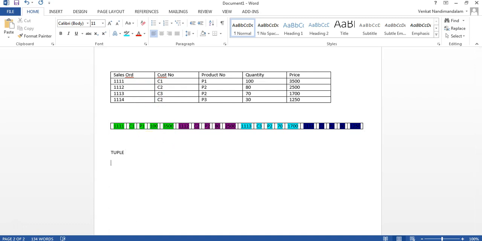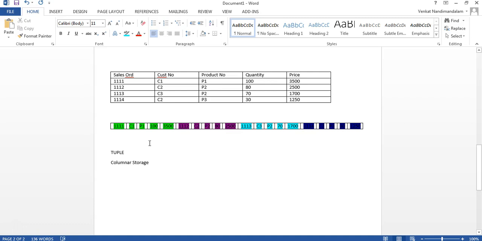Now with HANA into the picture, you have got a different storage format, which is columnar storage. What is the difference between these two types of storage, and what are the advantages that you are going to get with columnar storage?